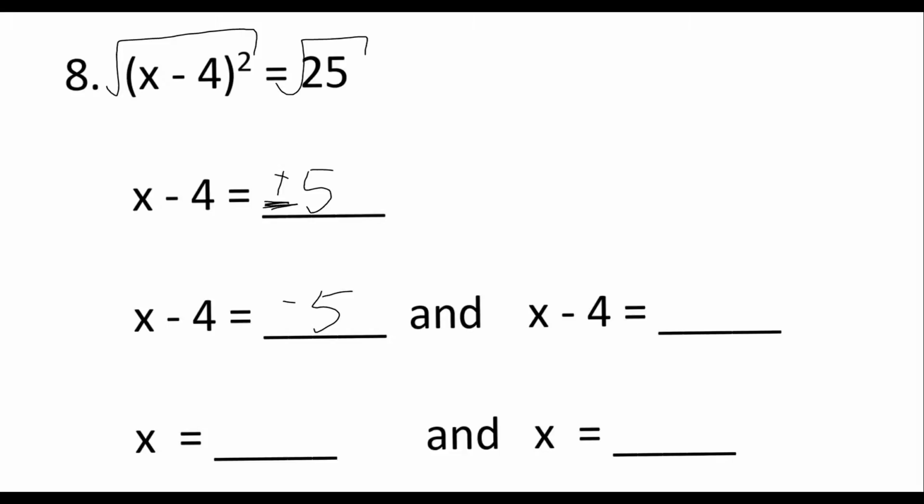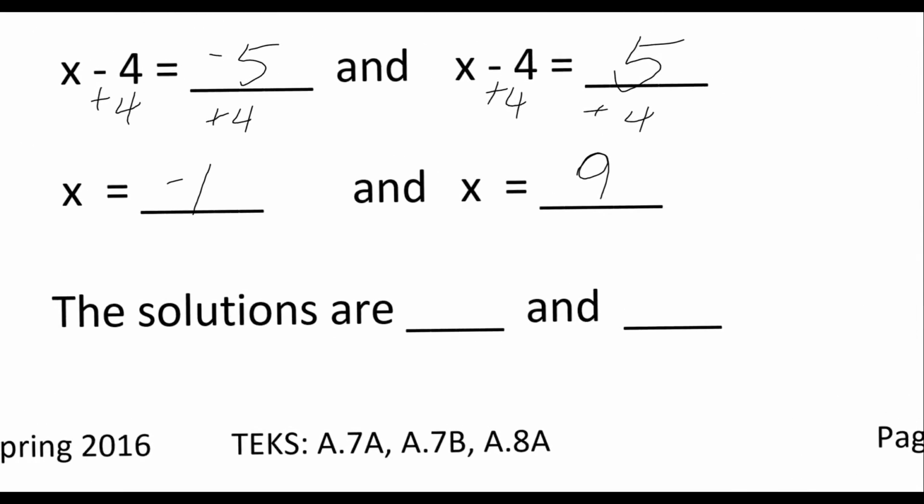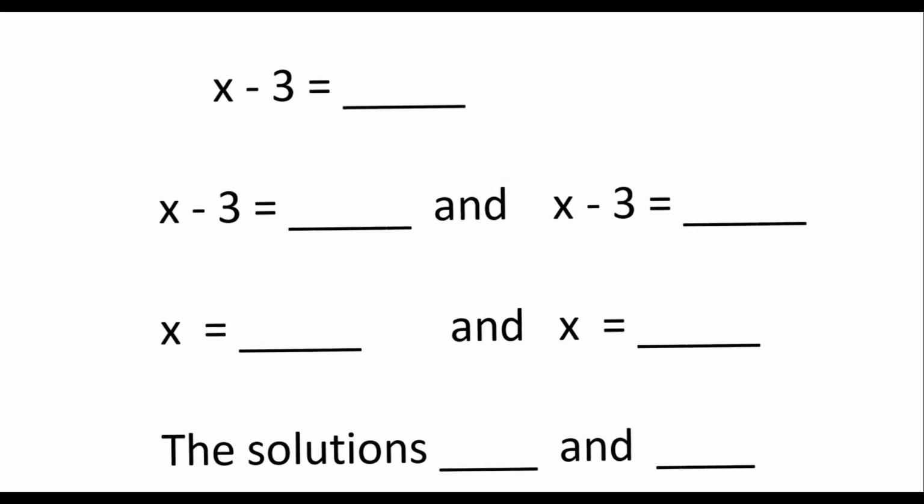So x minus 4 equals negative 5, and x minus 4 equals positive 5. So if I add 4 to negative 5, that's going to give me negative 1. If I add 4 to positive 5, I'm going to have 9. And it's just that easy. So my solutions are negative 1 and 9.